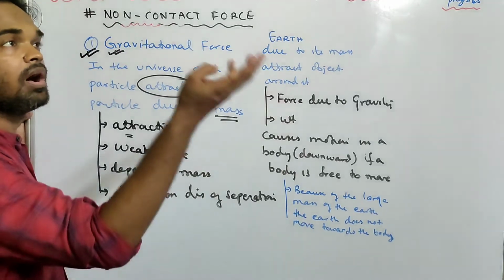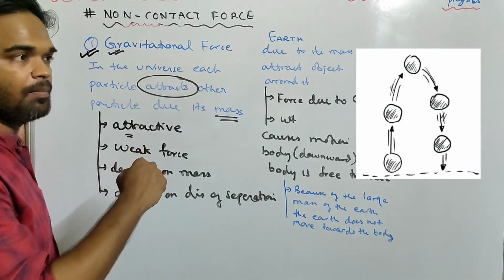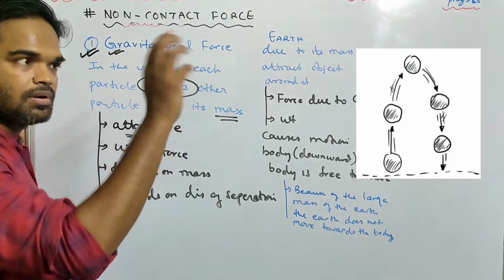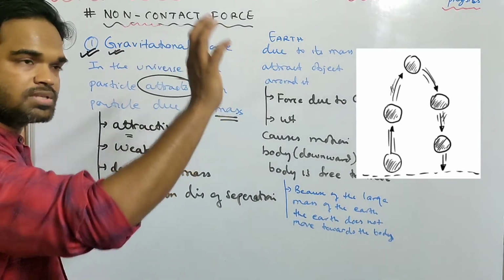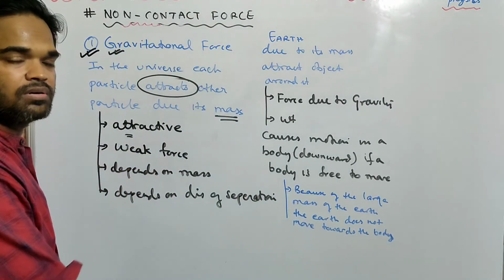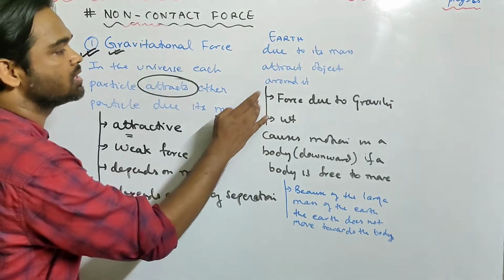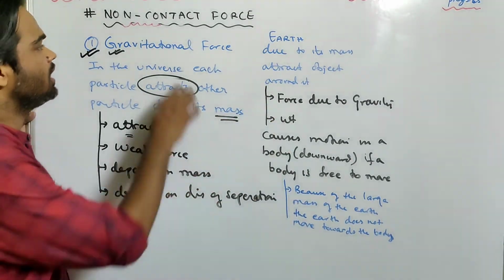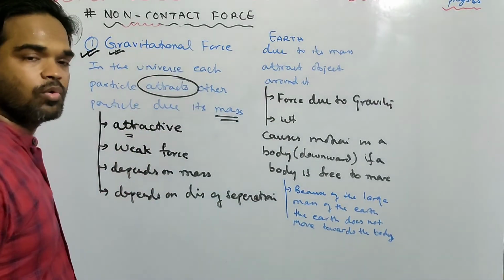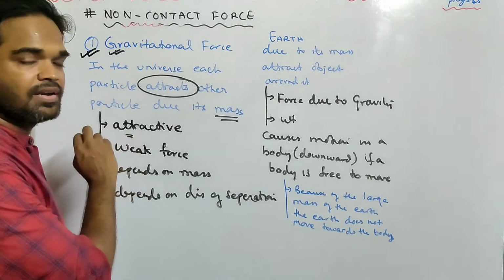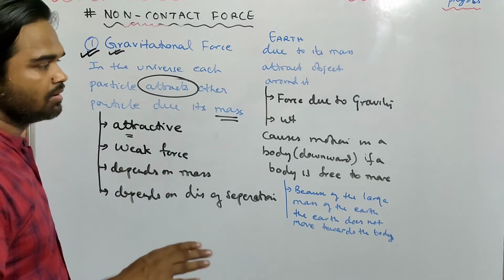If I throw a ball vertically up, what happens? It goes up. At a certain point, it comes to rest. Again, it is attracted downward. It falls down due to Earth's gravity. So that is your gravitational force. Always attractive in nature. Clear?